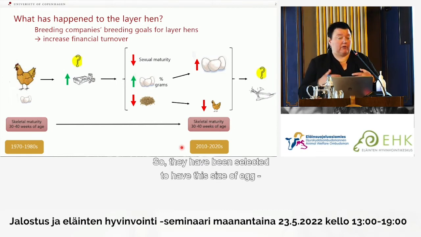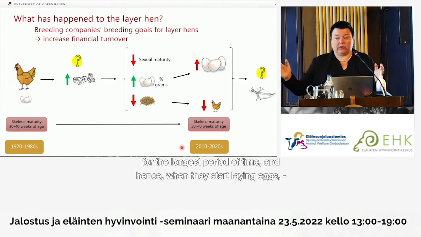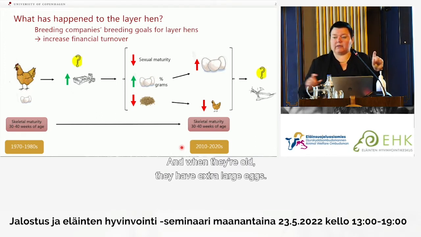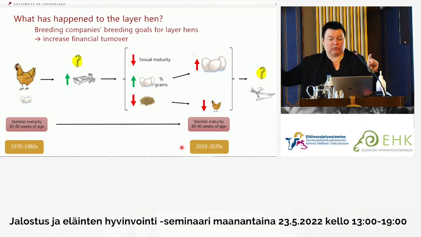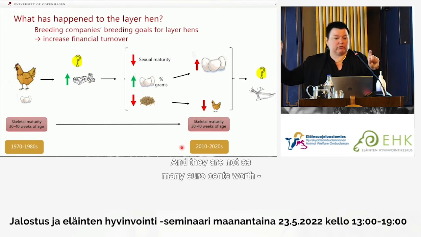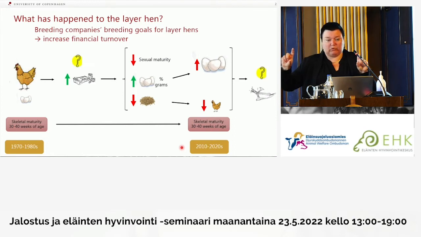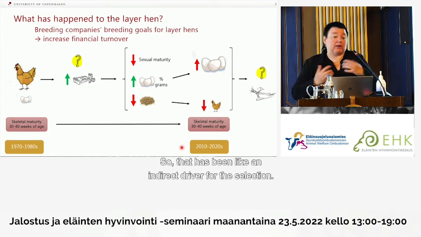So they have been selected to have this size of egg for the longest period of time. And hence when they start laying eggs, they start laying small eggs, and when they're old, they have extra large eggs, and those are not as many Eurocent worth as the ones that are medium large. So that has been an indirect driver for the selection.